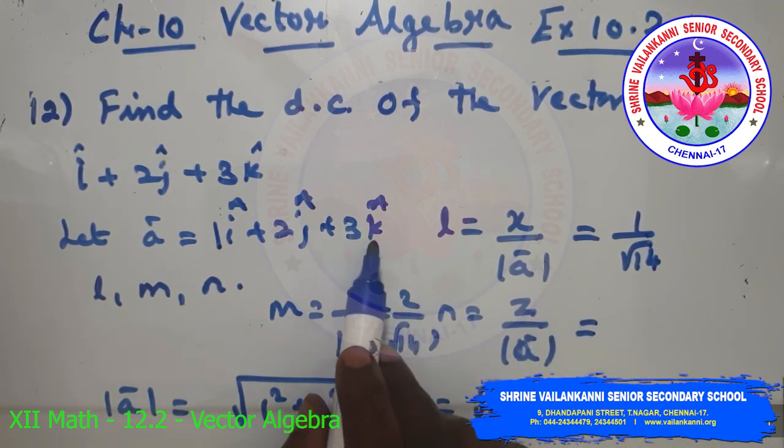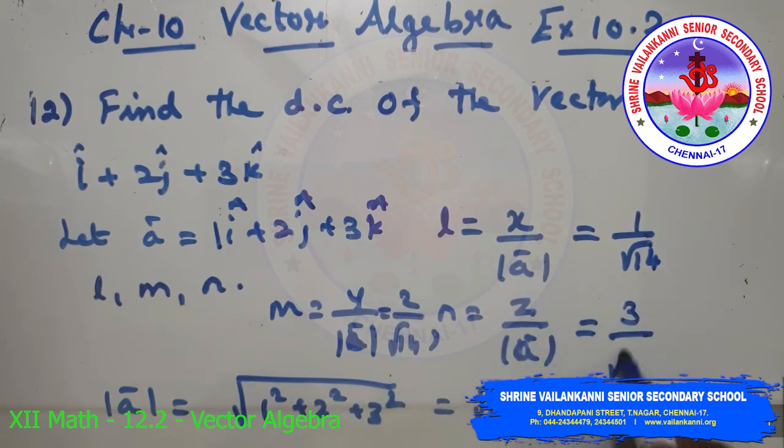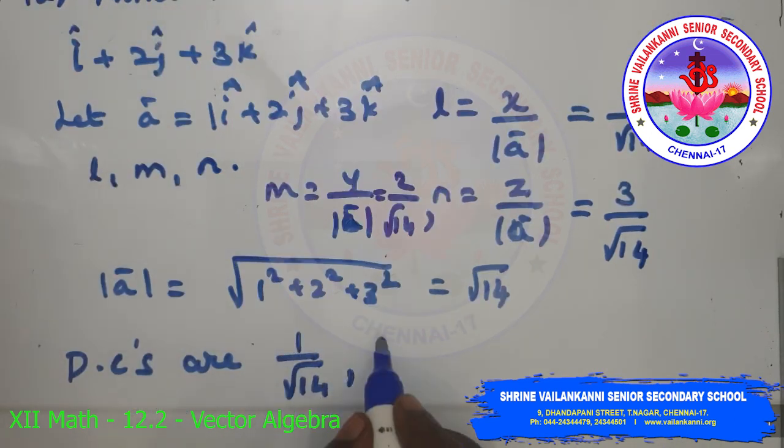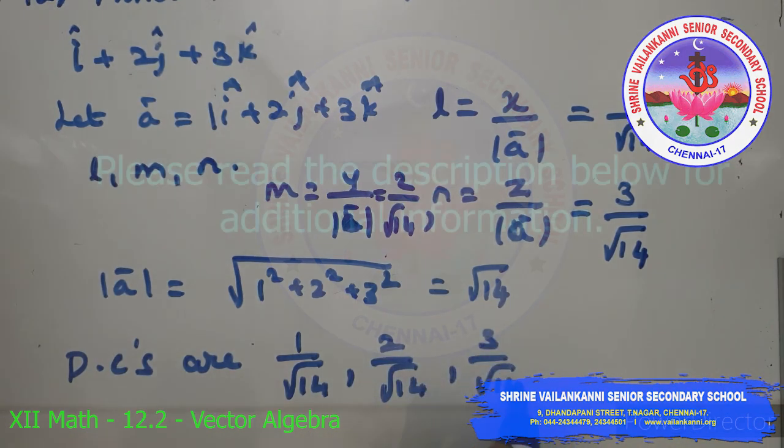Here z is the coefficient of k, which is 3 by root 14. So DCs of vector i plus 2j plus 3k are 1 by root 14, 2 by root 14, 3 by root 14.